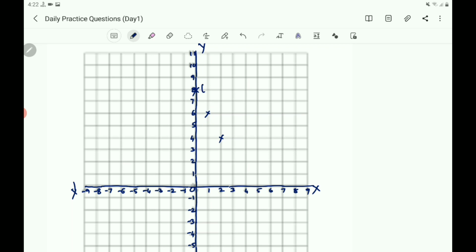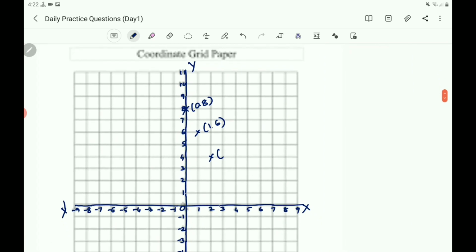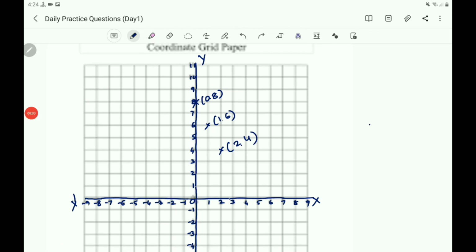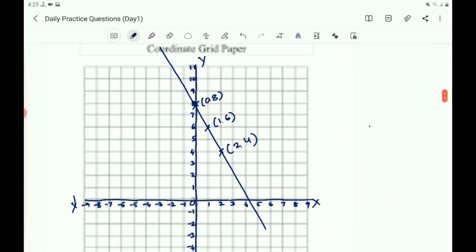Here you mark the points: this is 0, 8, this is 1, 6 and this is 2, 4. Now let us join these 3 points to get a straight line. So this is the straight line of the equation 2x plus y equals 8.